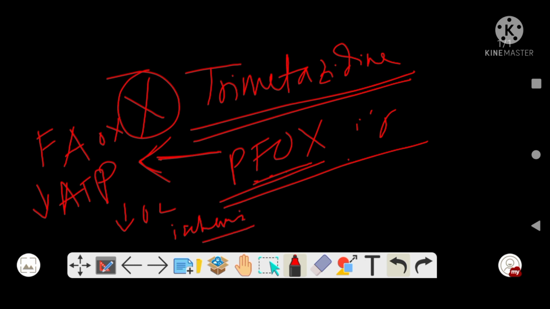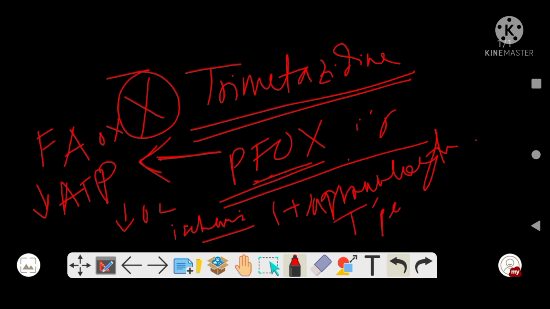Also, there are other side effects of this drug, like agranulocytosis. Then thrombocytopenia is another associated side effect. Then it can increase the risk of movement disorders like Parkinson's disease.